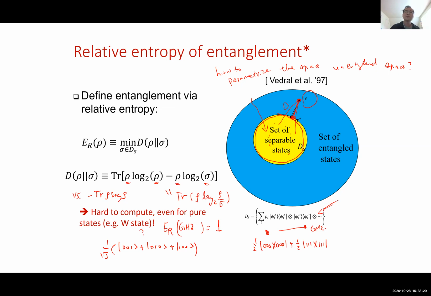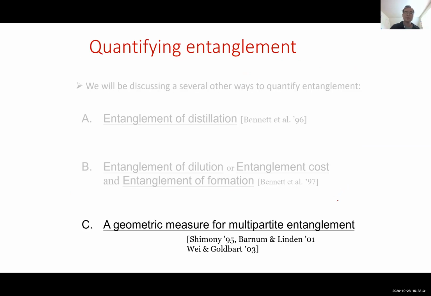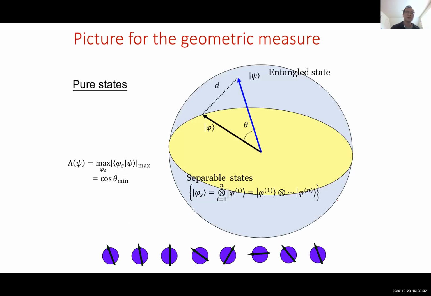But I'm going to give you something with an easier way to calculate. This is what we call the geometric measure, and I will focus on pure states. The idea is that if I want to quantify this entangled state, I compare it with separable states, really product pure states.